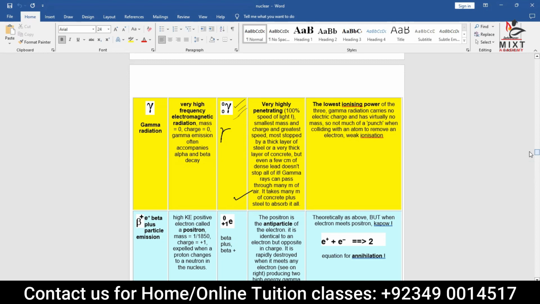So you can say gamma radiations have the lowest ionizing power as compared to alpha and beta radiations.